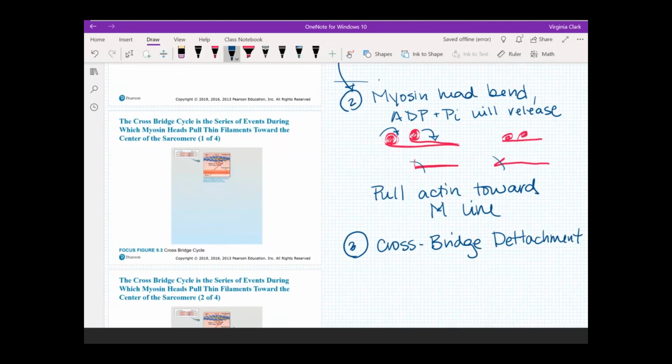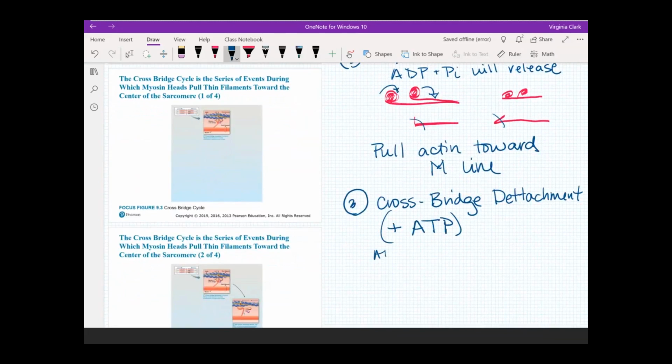Cross-bridge detachment. And this will be with ATP. So now you will add ATP. So ATP will attach to myosin. And when ATP attaches to myosin, it'll break the link between your actin and your myosin.